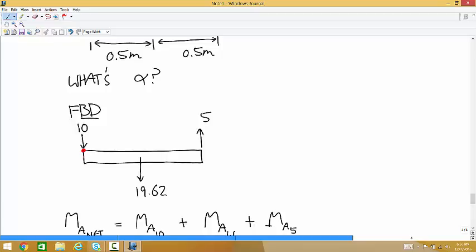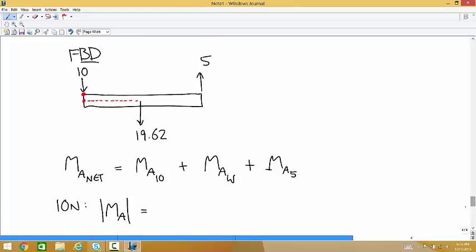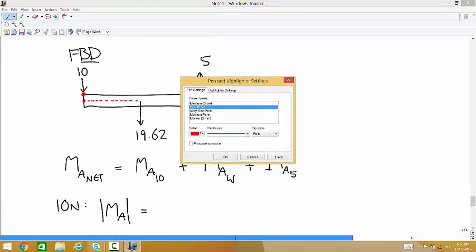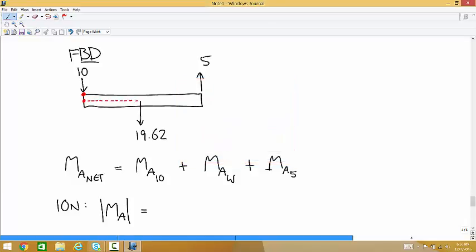If we move it right to the middle here, then the force is perpendicular to this line. Okay, so the absolute value of that moment is equal to 10 times the length of this red dotted line. What's that length? 0.5. So that's 5 Newton meters.